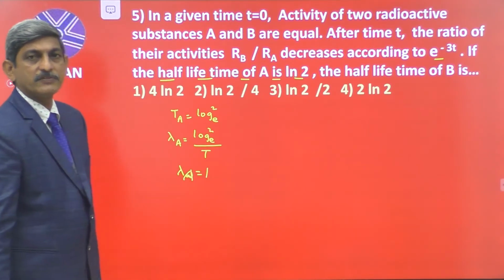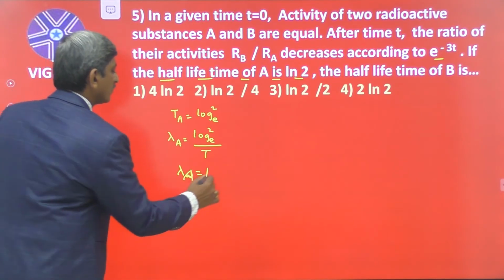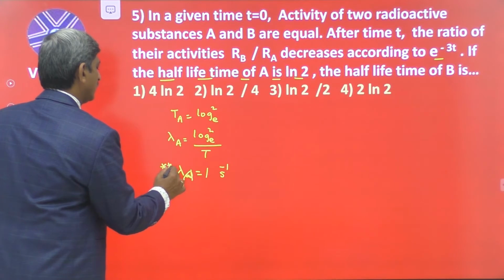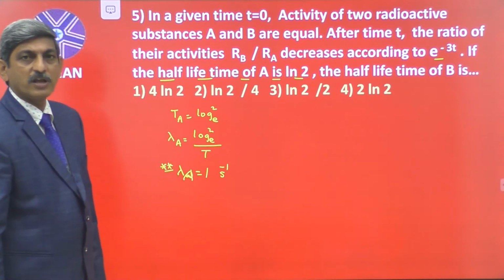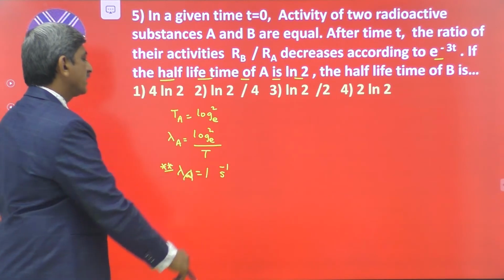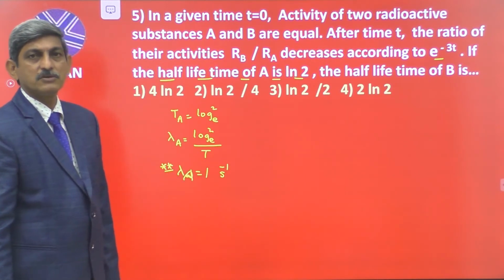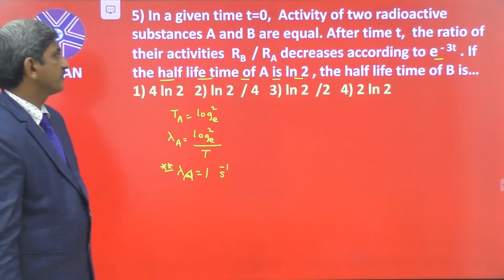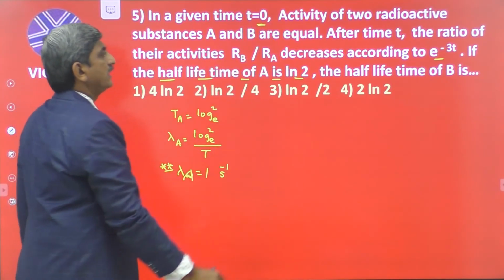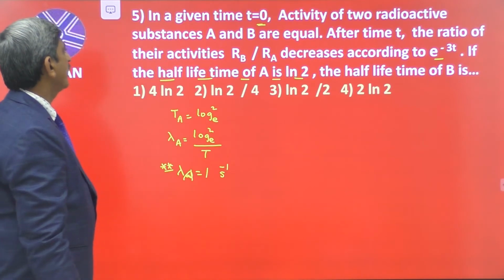So the decay constant of sample A, lambda A, is equal to 1 second inverse. By using the half-life time of sample A, we determined its decay constant lambda A, which is equal to 1 second inverse.